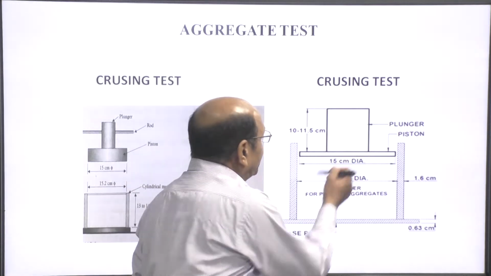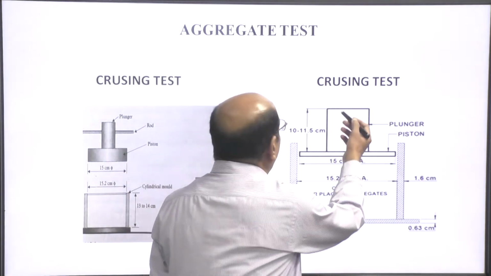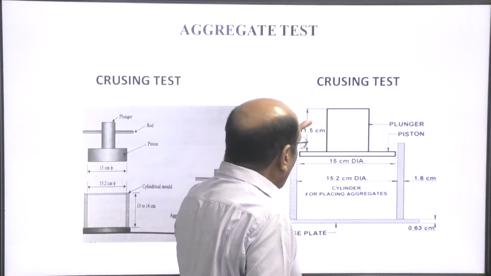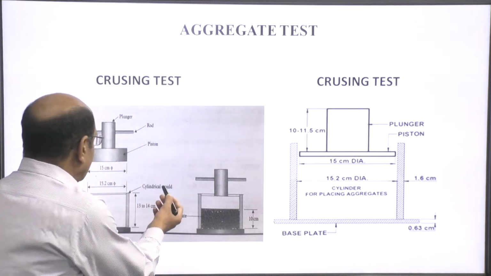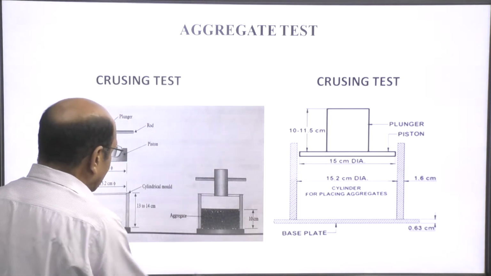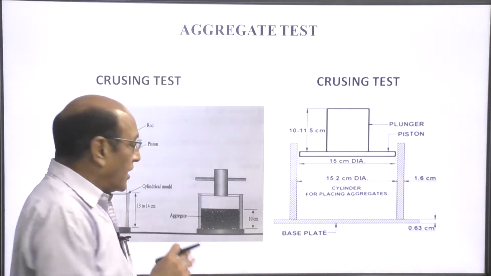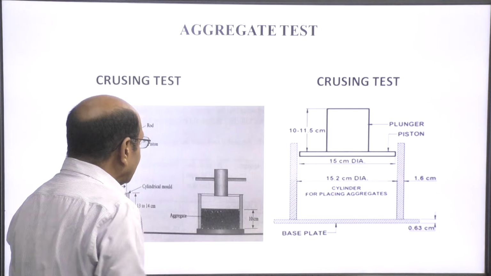This is the piston and the dia is 15 centimeter. This is the plunger upon which load is applied. This is the cylinder mold that we have already discussed. The sample we place in the mold is 10 centimeter in height. This is the aggregate, meaning the sample.